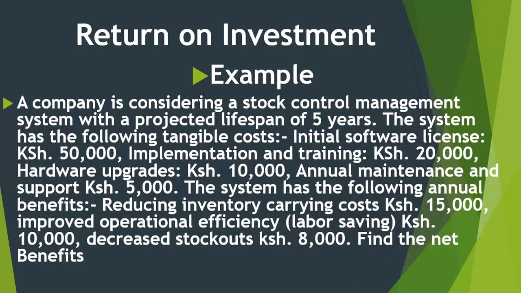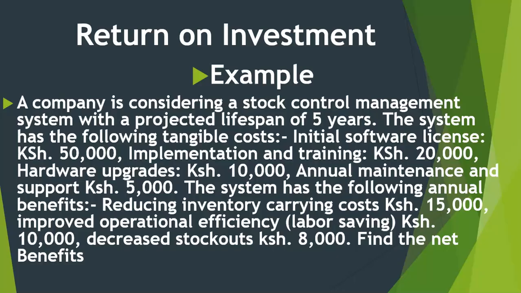So you're given a company, and this company is looking to have a system that has a lifespan of 5 years, and the system has a number of tangible costs like initial software license at Kenya shillings 50,000, implementation and the training Kenya shillings 20,000, hardware upgrade 10,000, and annual maintenance. So for the annual maintenance, again, you need to multiply that by 5 because you have got 5 years. Every year 5,000, so that is 25,000.